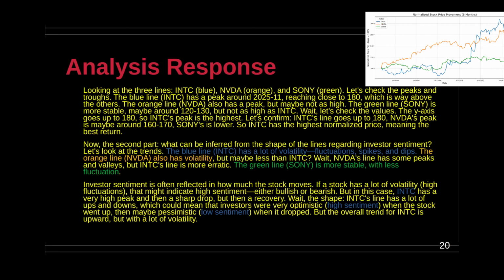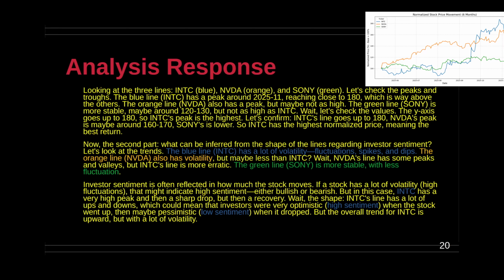Let's check the peaks and troughs. The blue line, which is for Intel, has a peak around 2025-11, reaching close to 180, which is way above the others. The orange line, NVIDIA, also has a peak, but may not be as high. The green line, Sony, is more stable and maybe around 120 to 130, but not as high as Intel.